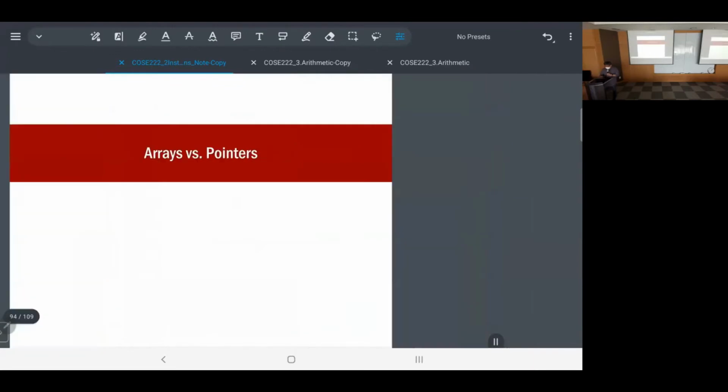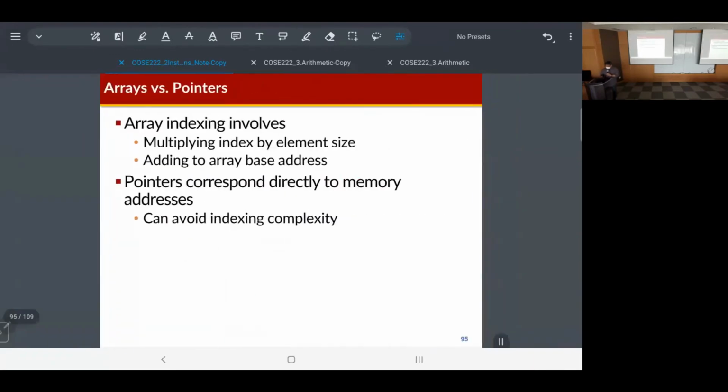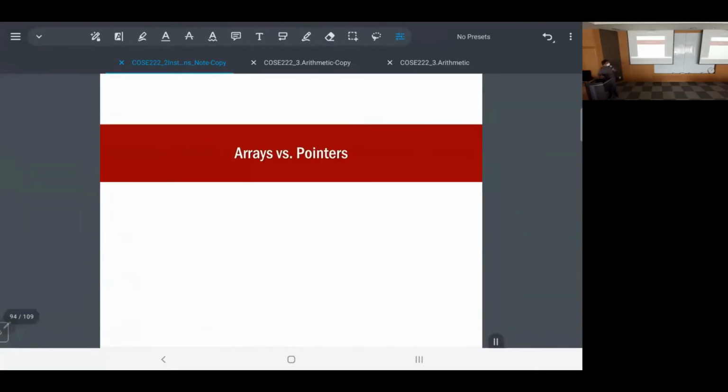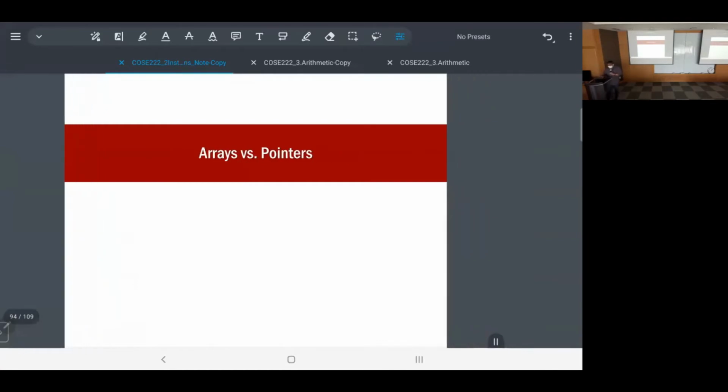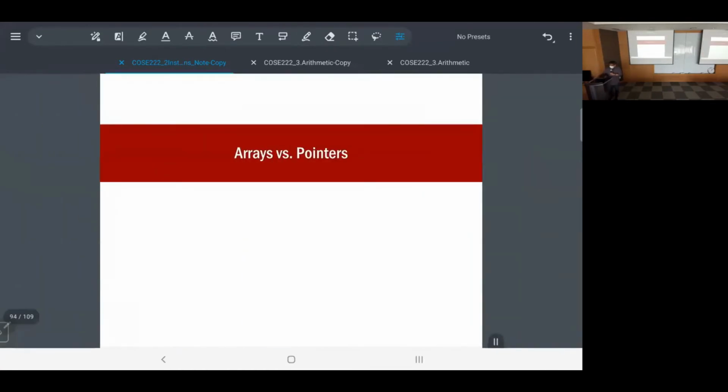Okay, and then I will briefly explain some arrays and pointers. I believe someone remembered that I frequently use the ampersand operator.